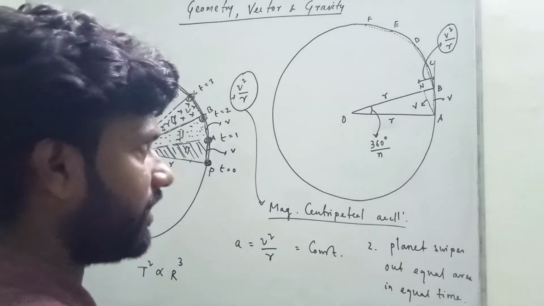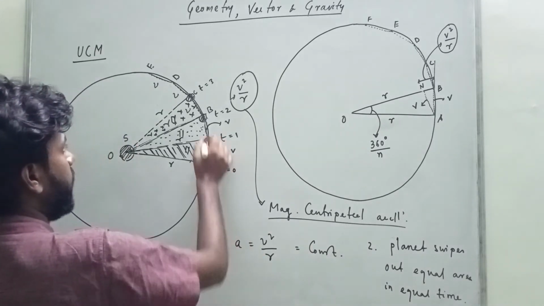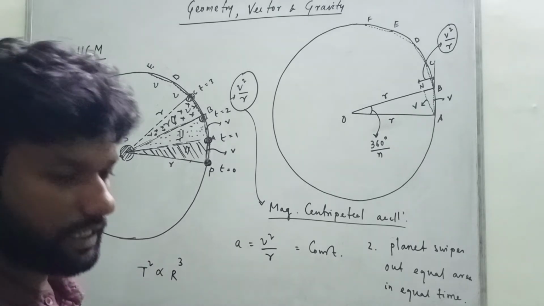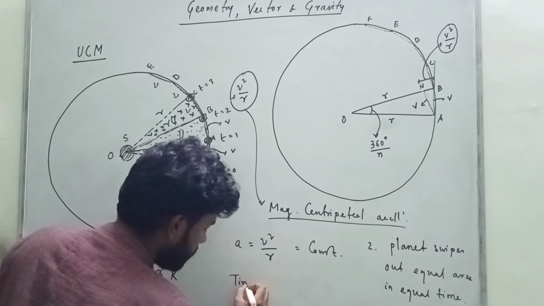The time taken by a planet to come back to its initial position is called T, the time period.